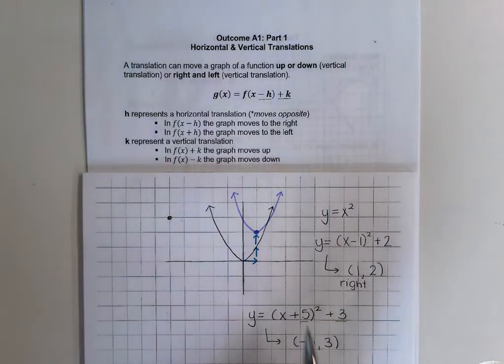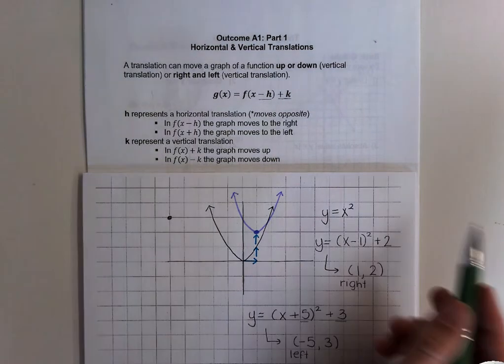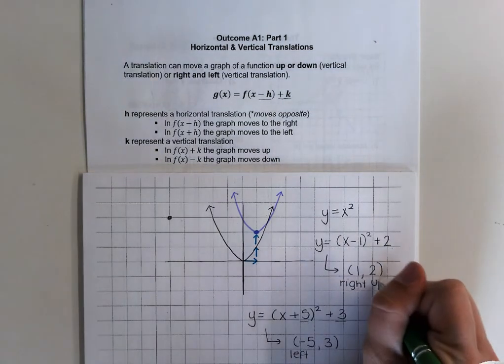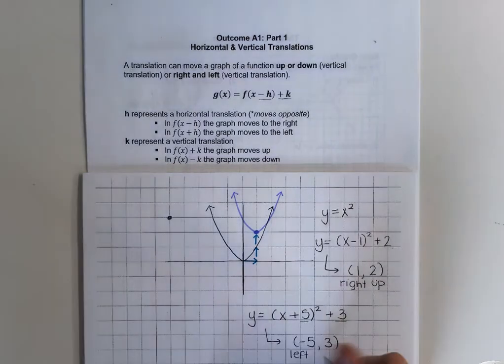Here we had x plus 5, which gave us an h value of negative 5, and this moved to the left. A k value that's positive meant we moved up by 2, or in this case, up by 3.